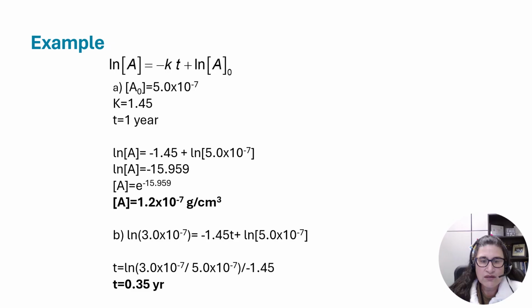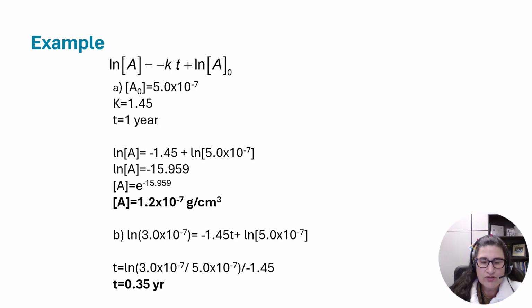And this was my initial concentration. I added those together to get this. Now to get A, I have to do the inverse of the natural log, which is e to that exponent. So I need to do e to the negative number. I get this value, so that means this is my concentration after a year.